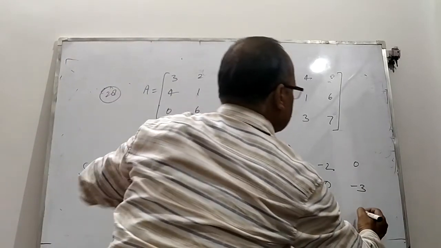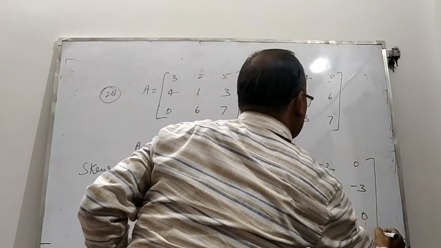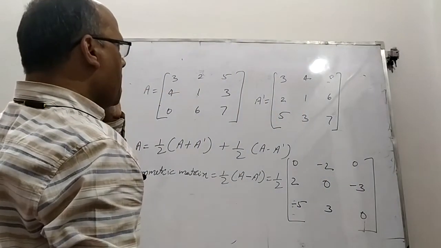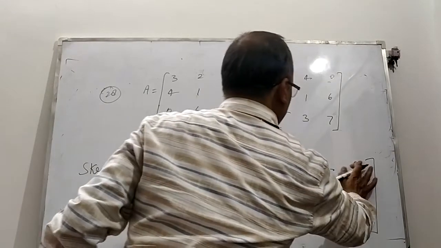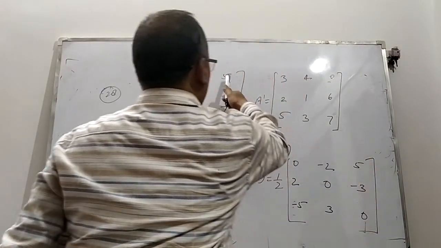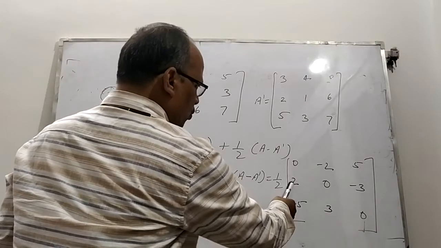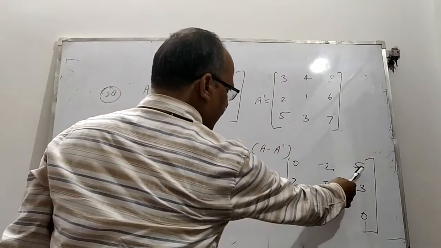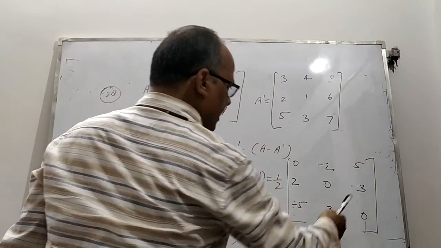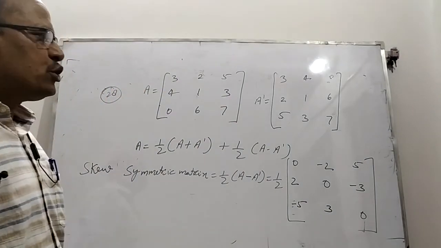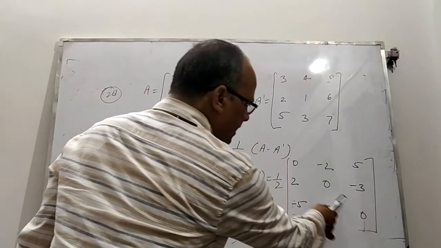And 7 minus 7, 0. Now see, 2 and minus 2, minus 5 and 5, 3 and minus 3. This is skew-symmetric and the diagonal element is 0.